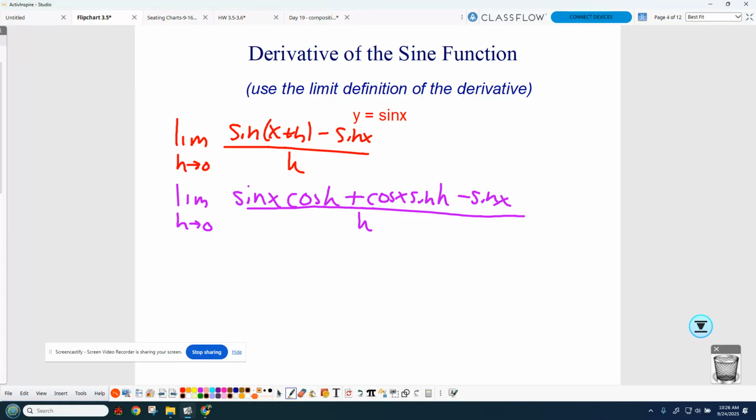All right, what can I do with this? Factor the top. How does the top factor? Because nothing comes out of all three. I mean, I can factor a little bit, but I need to do some rearranging. Are we allowed to rearrange?